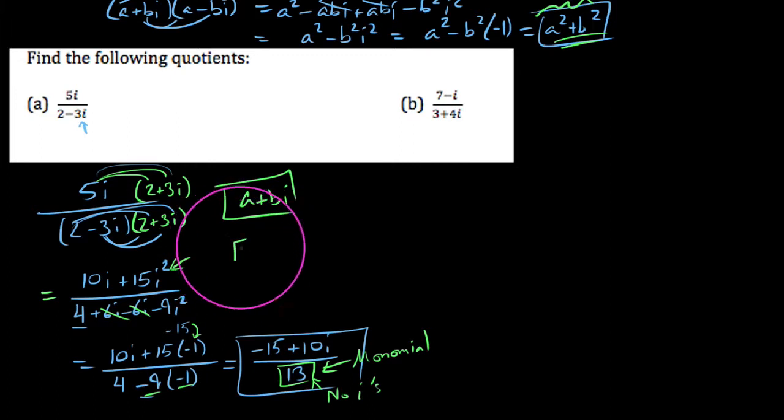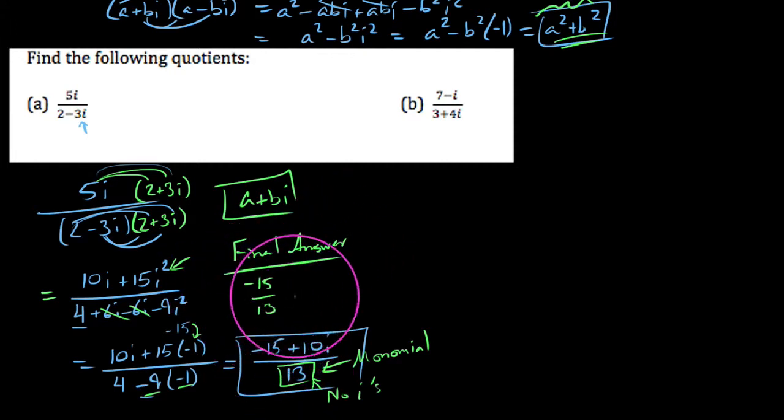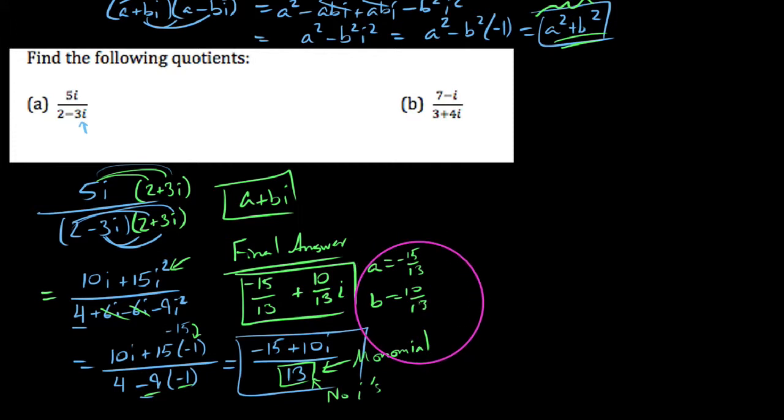Our final answer is negative 15/13 plus 10/13 i, where our a part is negative 15/13 and our b part is 10/13. Okay, cool.